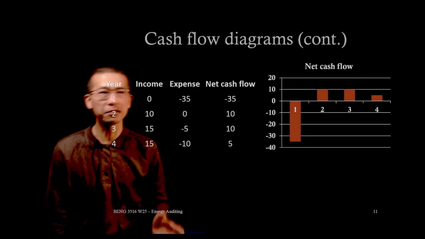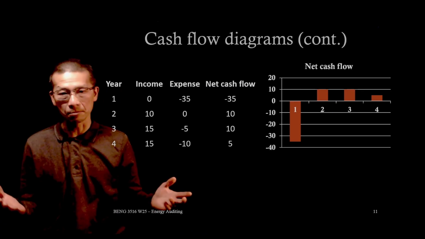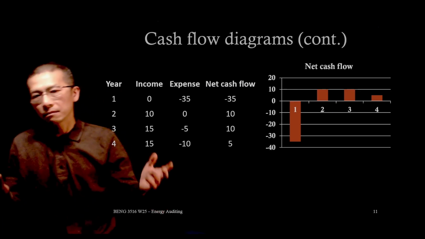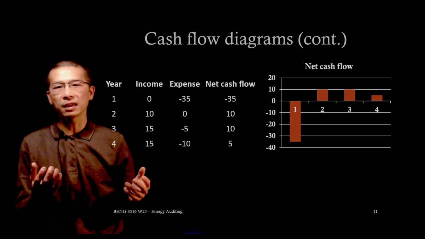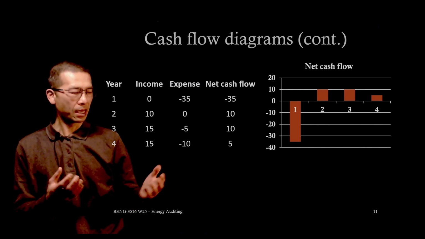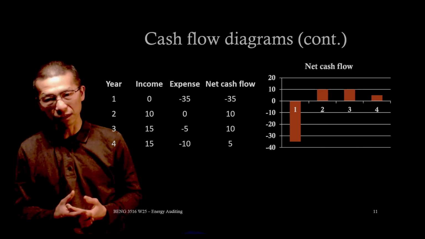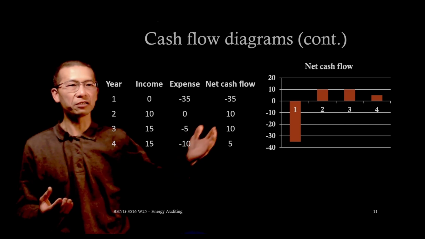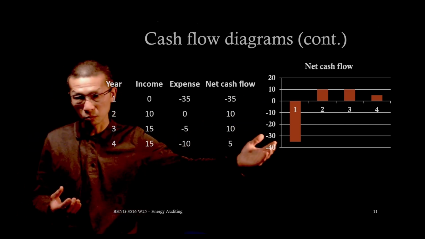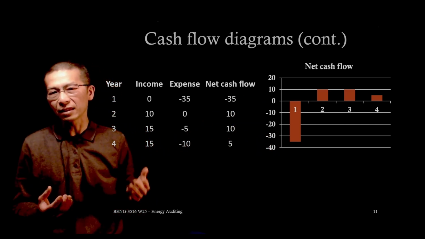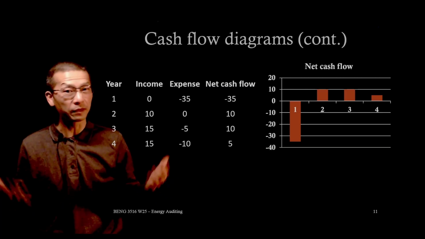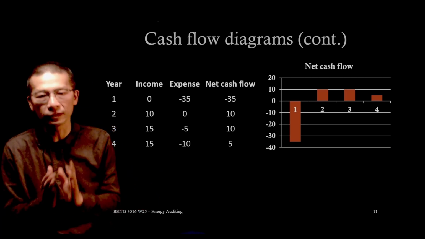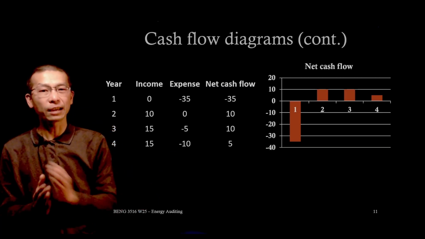So you can consider a rebate as income, and rebates are almost always paid after verification. So they usually appear later, say maybe year 2, right? In year 2, the rebate doesn't improve the engineering performance of the system, but it improves the short-term cash flow, right?